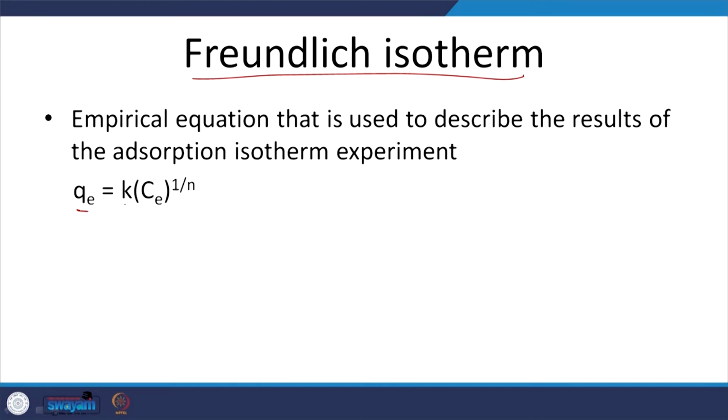So Q is equal to K, right, the capacity, and Ce to the power 1 by n. Here 1 by n, sometimes people use n, so you have to look at it before you look at the relevant units or applications, let's say. This will give you an idea about the intensity, K will give you an idea about the capacity, right.